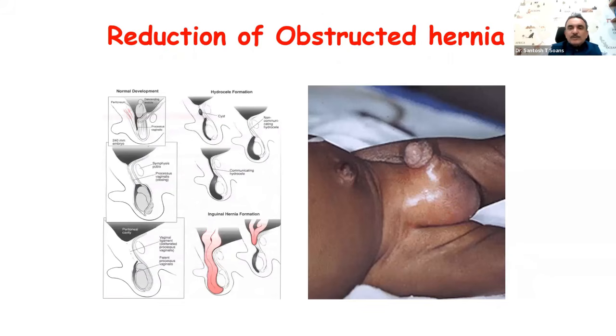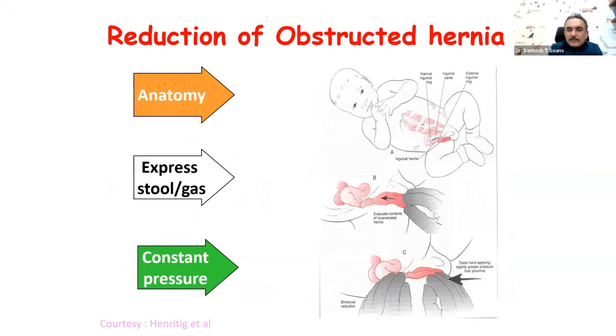The last one is obstructed hernia. Sometimes in small children, an inguinal hernia occurs because the fascia around the inguinal ring gives way, and the intestine comes into the scrotum. They come with severe pain, and because the inguinal ring is small, once it comes out it doesn't go back.